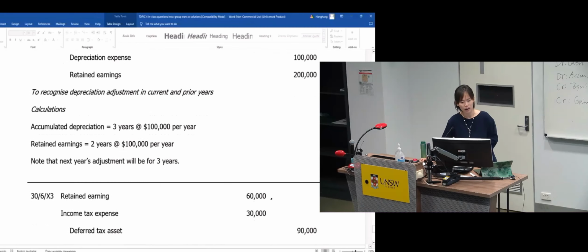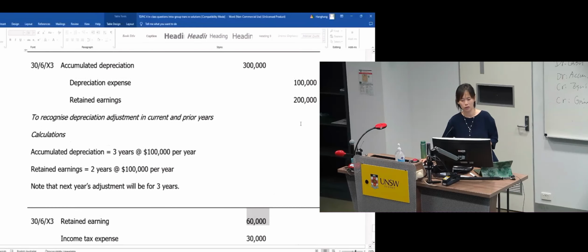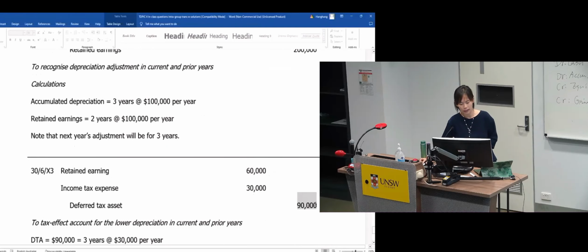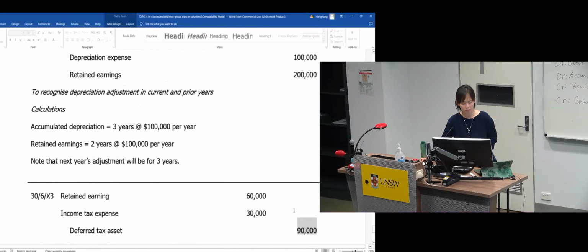The current year depreciation adjustment results in a current year ITE adjustment, a debit of 30,000. For the prior 2 years' ITE adjustment, we can just use 30% of the prior 2 years' depreciation adjustment to get this number. And the reversal of DTA for 3 years: each year 30,000, so 3 years is 90,000.